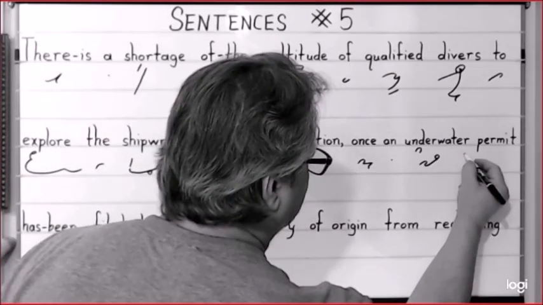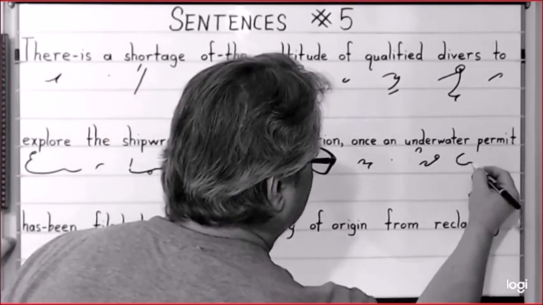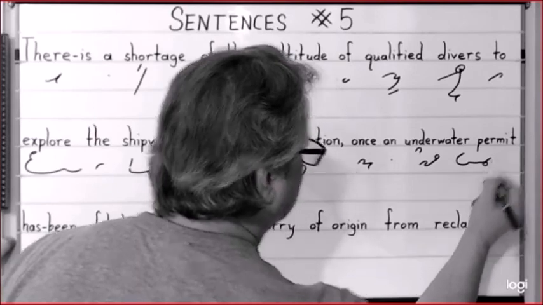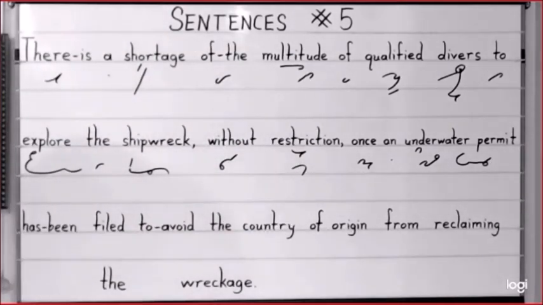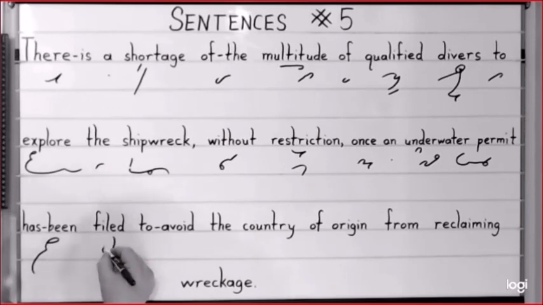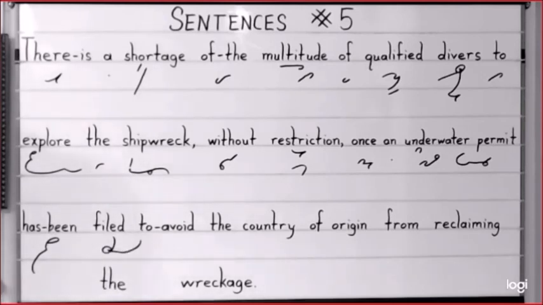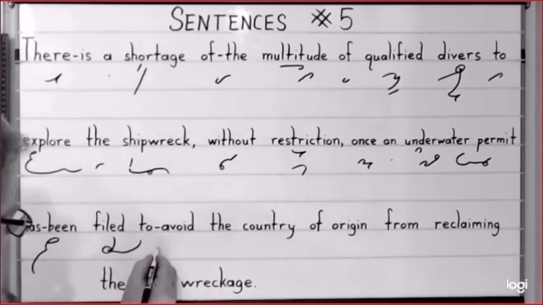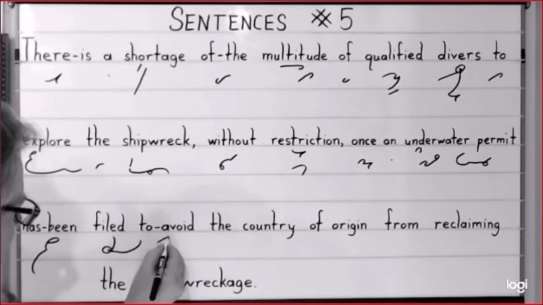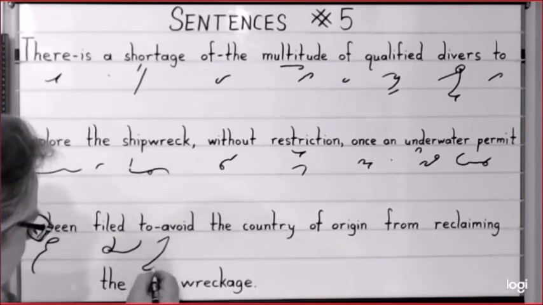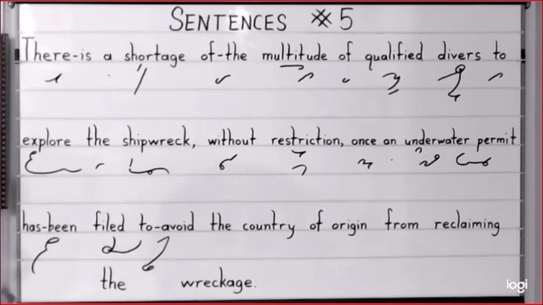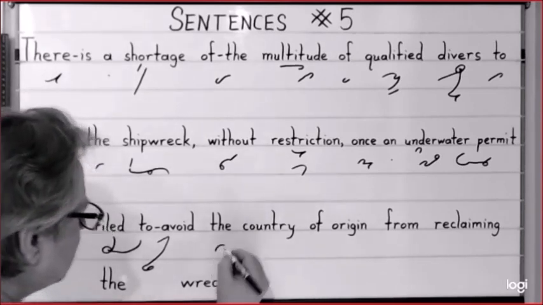Permit is P, R, M, E, T. Has been is going to be A, blending with the left S, and then a B. Filed is an F, long I, L, and then tilted to represent D. To avoid, we're just going to write the T, and then the V, and then O, E. The is a TH.